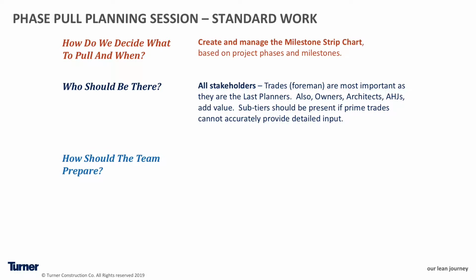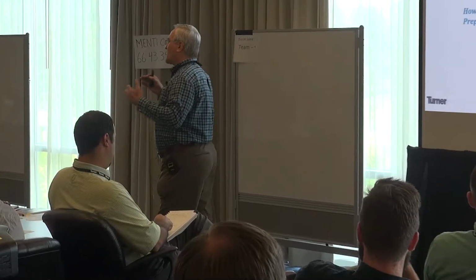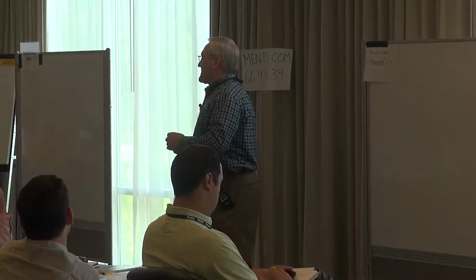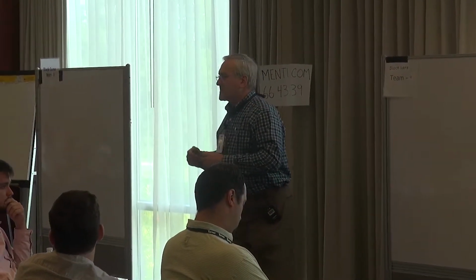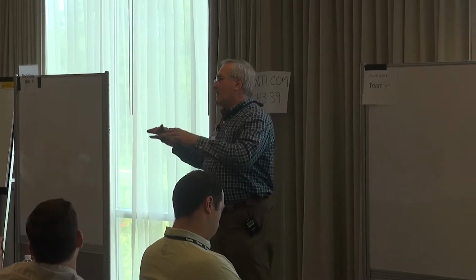How does the team need to prepare? Okay, they need to know the work, and that's one of the challenges that we're having with a lot of our trades. They often don't have a person who knows the work other than their estimator. They may not know the work other than their project manager, right? So somehow we have to, again, our whole goal, think about this, is to be more reliable.